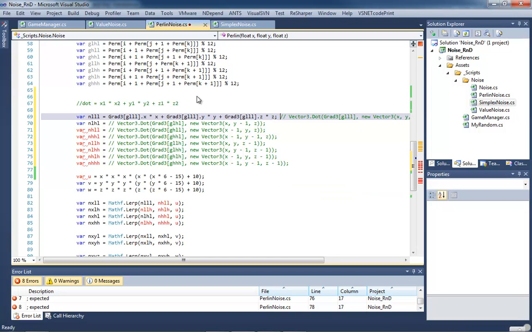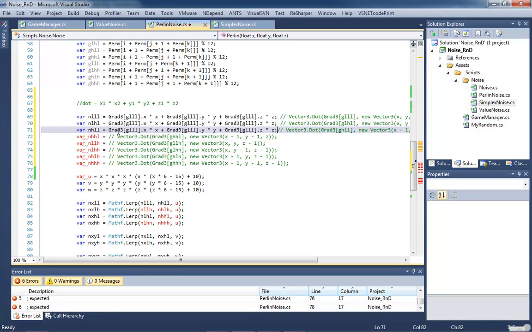And then we can push the rest of it off to the side. Now, we're going to take that line and paste it 7 more times.